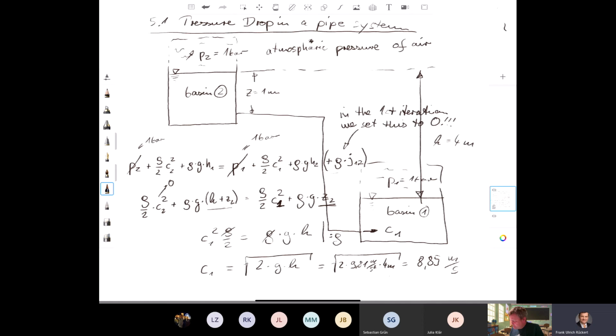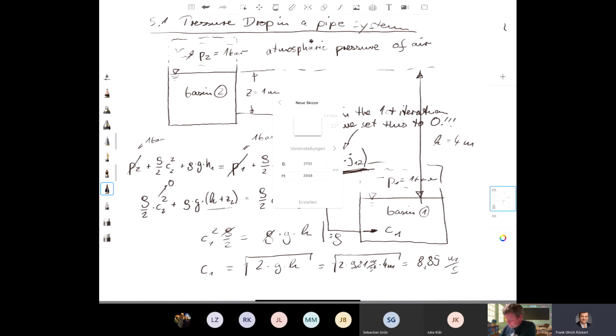But now we need an additional pressure drop for the pipe. Yeah, it is written here. We have to recalculate it, and to do the calculation of the pressure drop, we first need to know if this is a turbulent flow or a laminar flow. So write it down. Don't want to miss it.